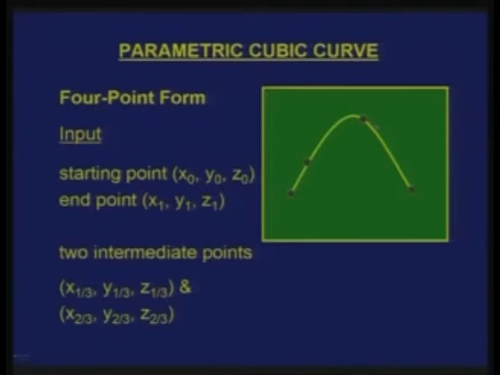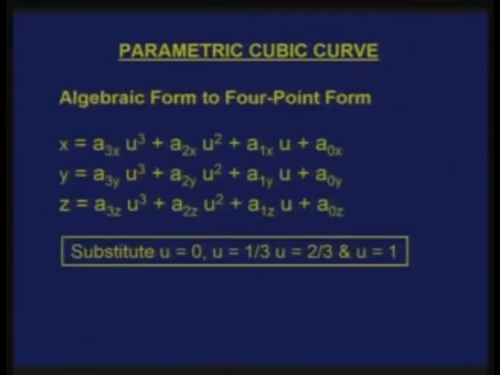Or I say that no, the parameter should be at equal intervals. In that case, I will say this is 0, this corresponds to u equal to 1 by 3, this corresponds to u equal to 2 by 3, and this is u equal to 1. Among the various sets of parameters, this is one form which is commonly used, then I should be able to solve this.